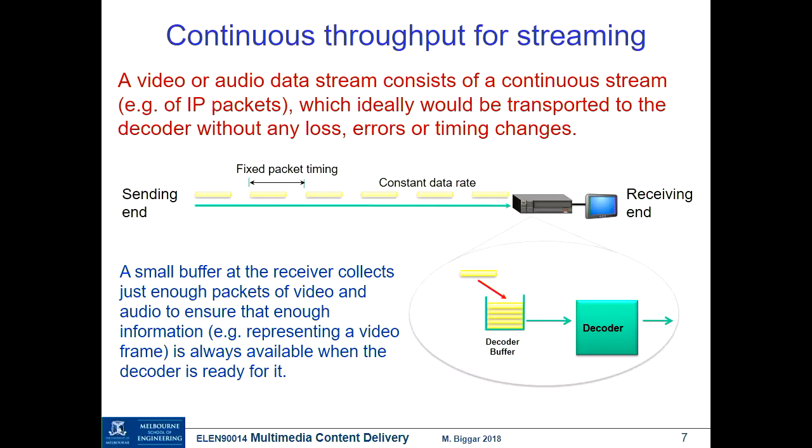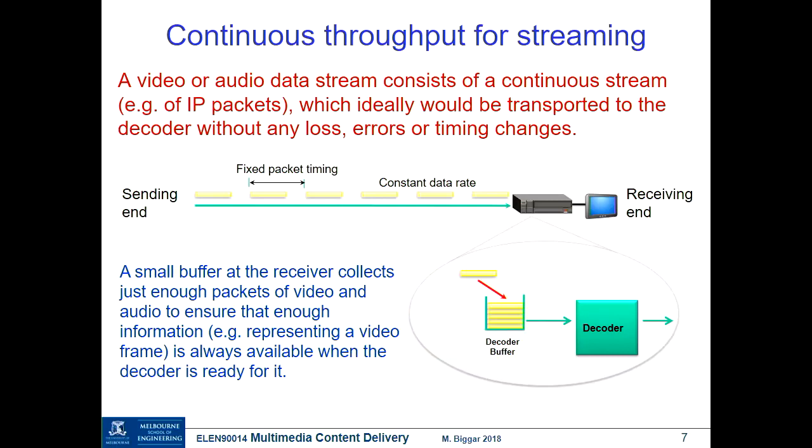Ideally, we'd like to see this sort of transmission over a packet network. So this constant data rate is supported by the network. We have fixed packet timing, so the interval between packets is fixed and reliable. And so these packets are arriving at this constant rate and reliably, and we can put them in this relatively small buffer here.